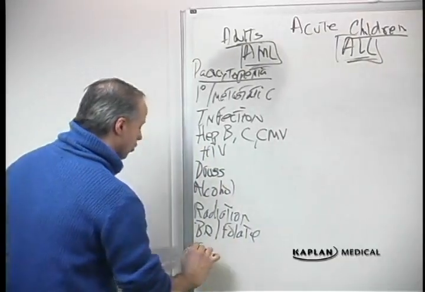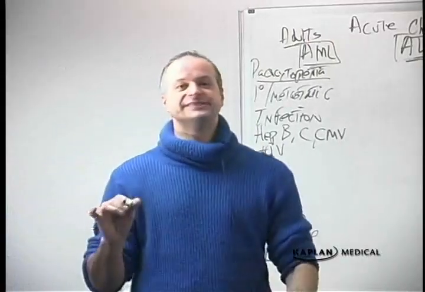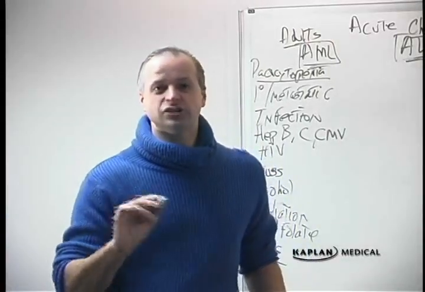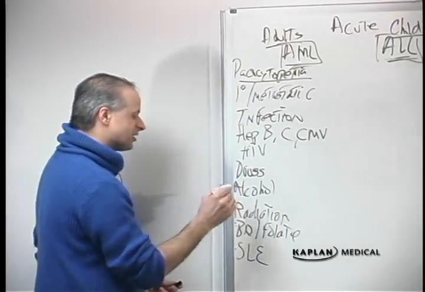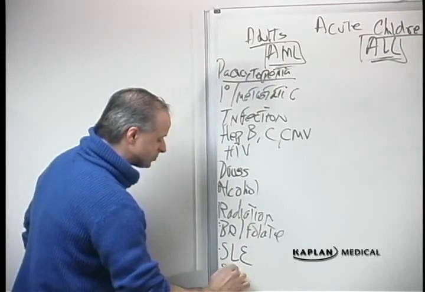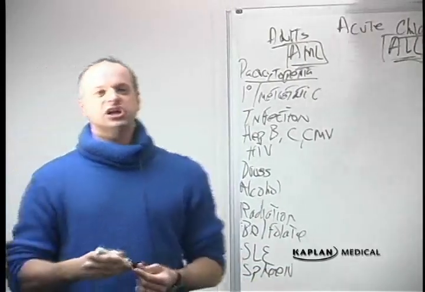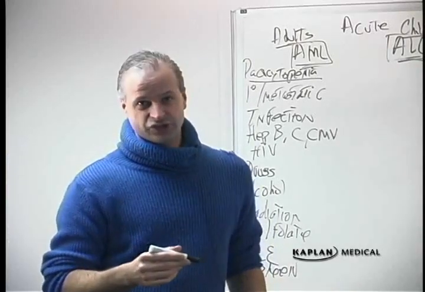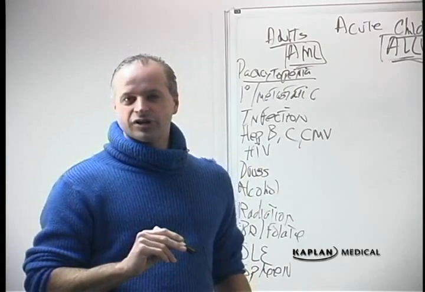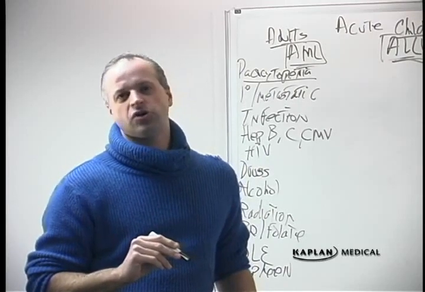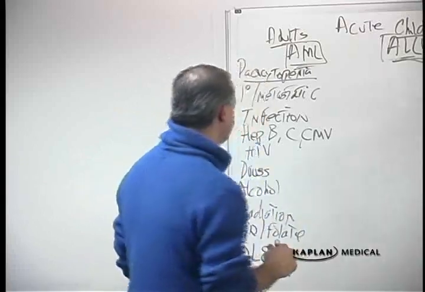This happens also with lupus, all 3 cell lines down, and it hits all 3 cell lines as well as the spleen. Now, I know you're used to thinking of the spleen as a cause of platelet sequestration, which it is. However, the spleen can also cause the sequestration of all 3 cell lines.